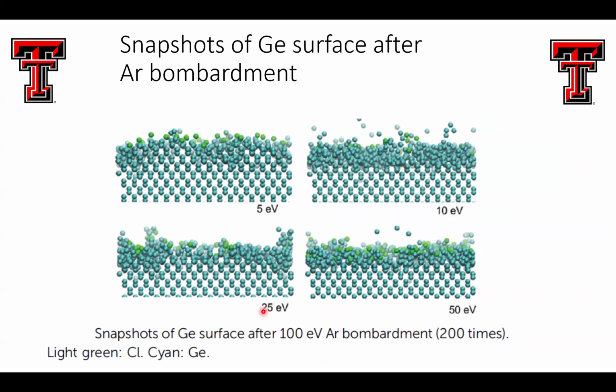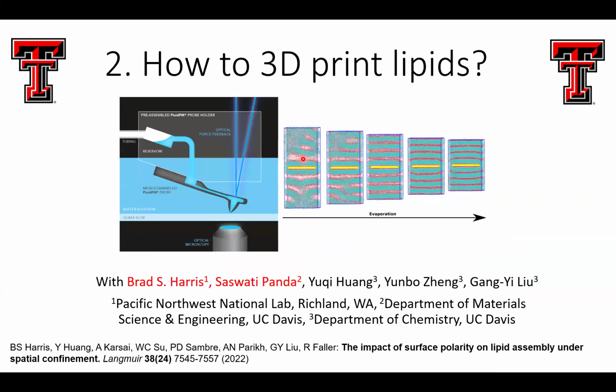So this is 200 simulations for each of these different energies. And now you need to do this on top of that for different temperatures, because these are the two control parameters you actually have in the experiment: the temperature of the surface and the energy of the atom bombarding it. So therefore, you need all of that.